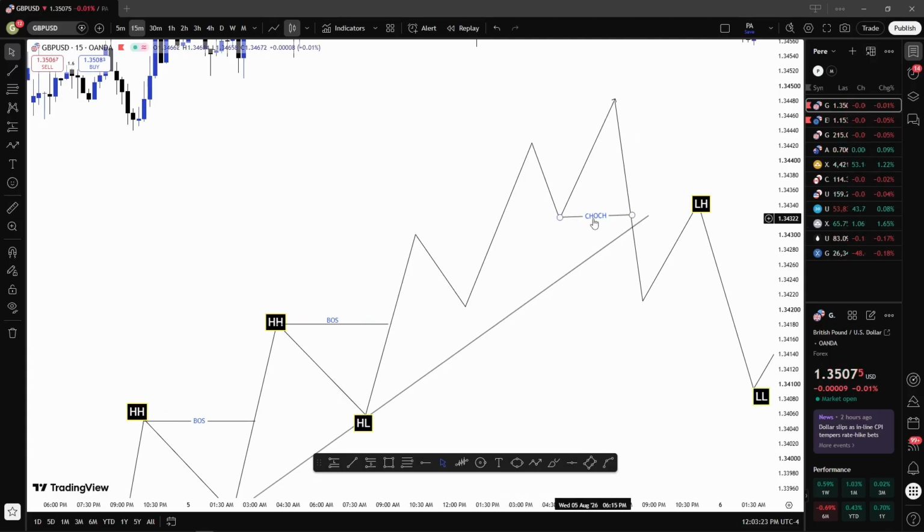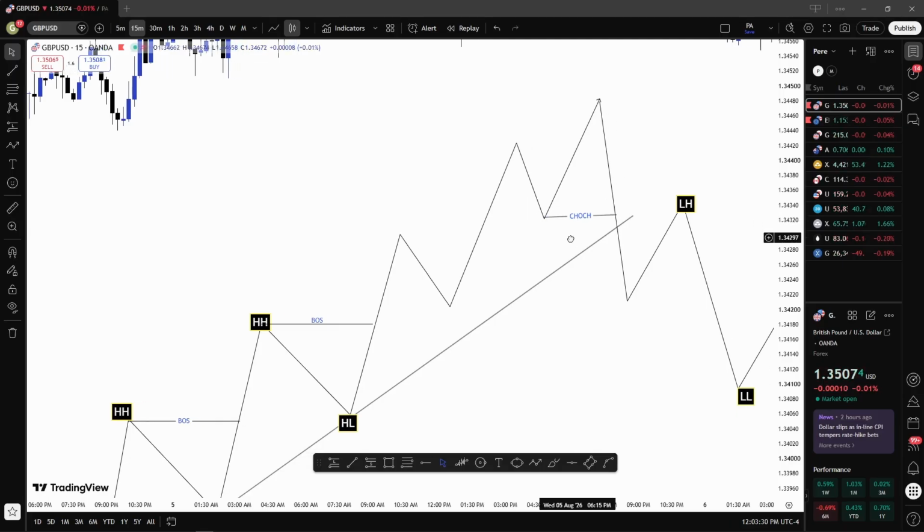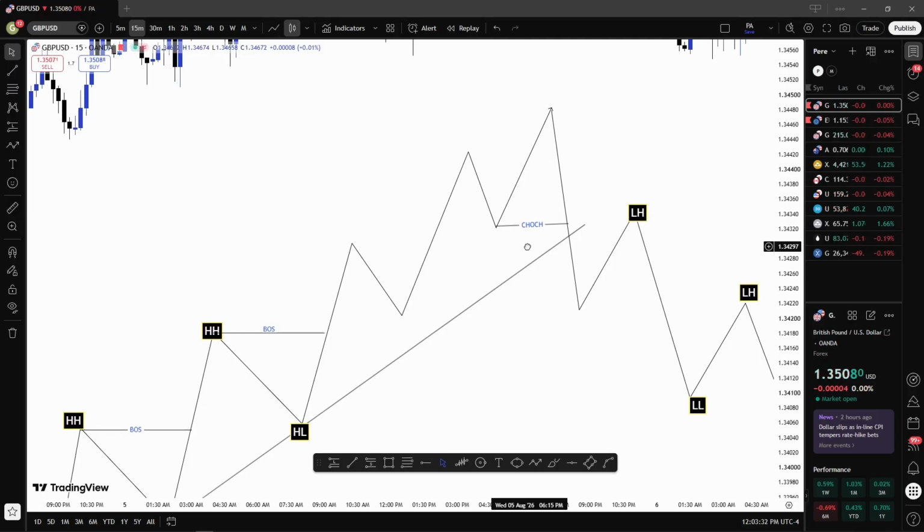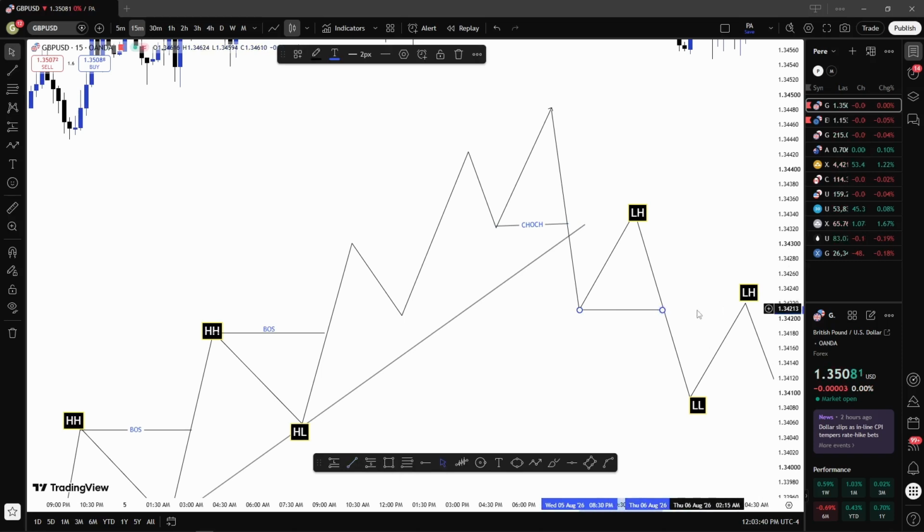However, for you to be convinced and accept that this is a real change of character, we wait for the following break of structure. After this change of character, to confirm that it's actually a downtrend, you need to make sure you see this break of structure.